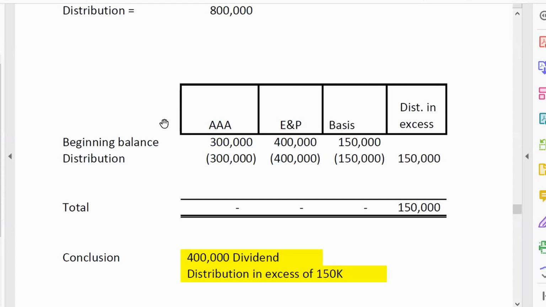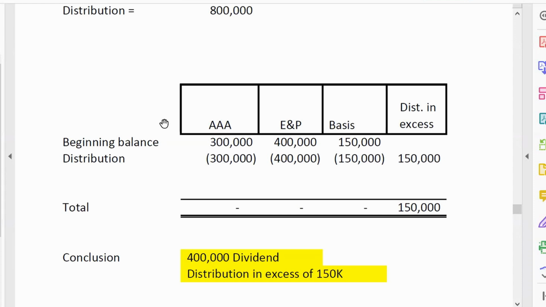The first, on this page, what you probably should write is distribution dash C1 next to that, because I have 300 that I'm accounting for. And the only thing that was really accounted for there in this column was 150 return of basis, and 150 distribution in excess. The sum of those two numbers is 300. That's a screw up.